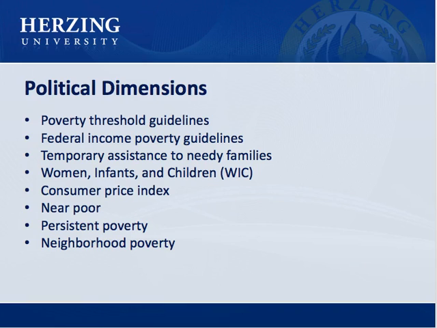The former is used for statistical purposes, and the latter, which is updated annually, is used to determine financial eligibility for assistance and services such as Temporary Assistance to Needy Families, Medicaid, food stamps, Women, Infants, and Children, and Head Start.